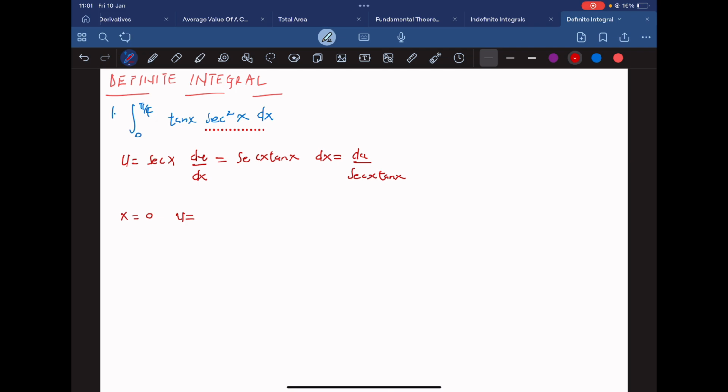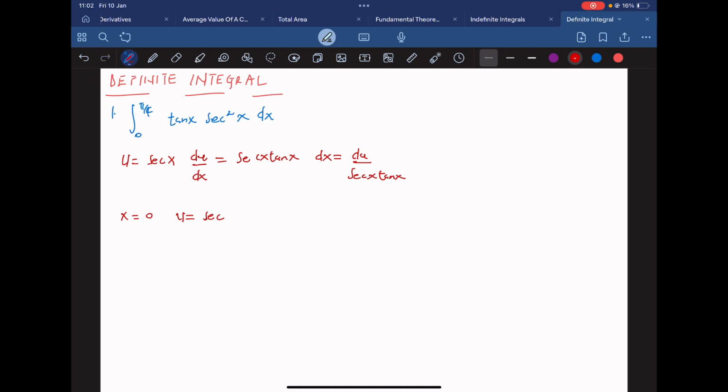Now remember, whenever you have a definite integral, you have to change the upper and lower bounds. This is because the 0 and pi over 4 over here correspond to x. But since we are changing everything to u, we have to have an upper and lower limit for u, right?